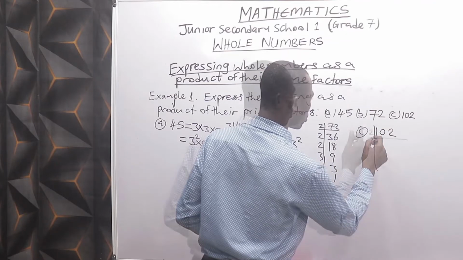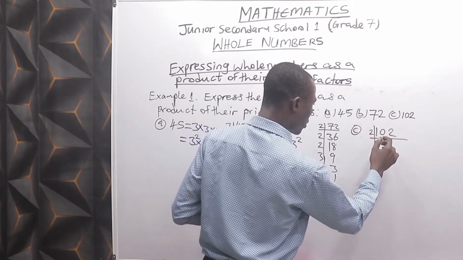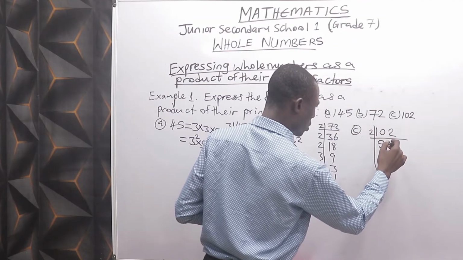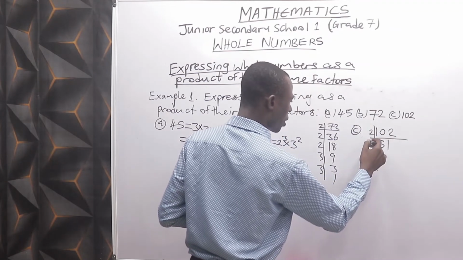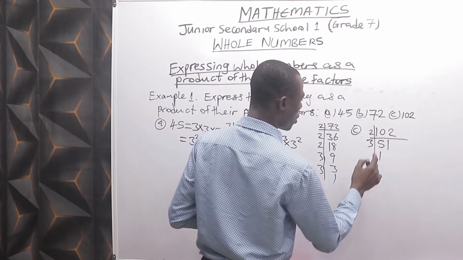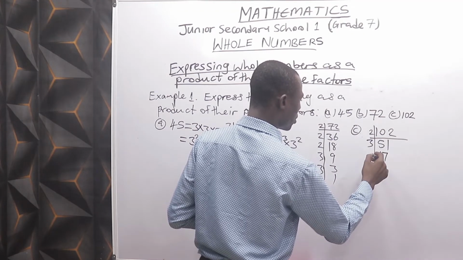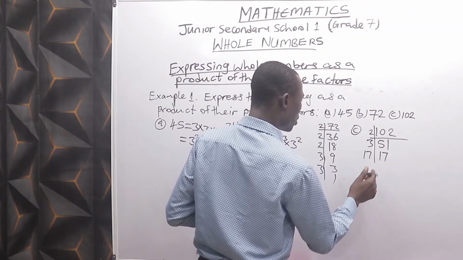102. 2 can divide 102 as 2 in 10 is 5, in 2 is 1. 3 can divide 5 once, remains 2. In 21, that is 7, then 17.